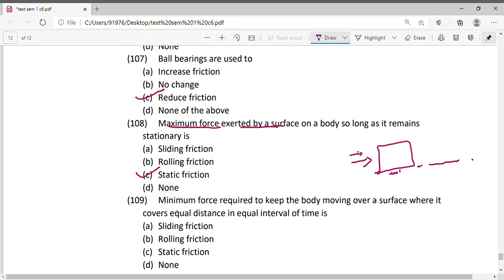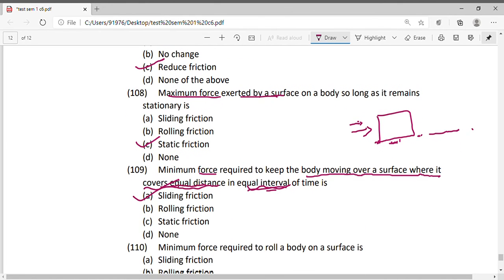This is the definition for sliding friction: minimum force required to keep a body moving over a surface where it covers equal distance in equal interval of time. Once it starts sliding, your bed or table moves smoothly, so it covers equal distance in equal interval of time. It moves with a uniform speed, a uniform motion. So that is called sliding friction.